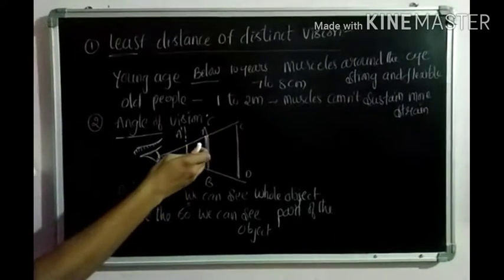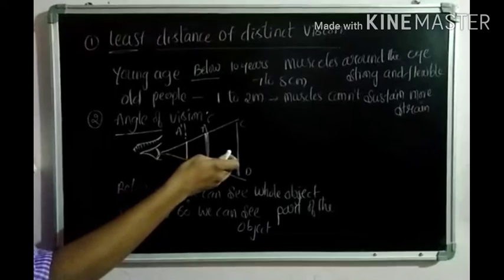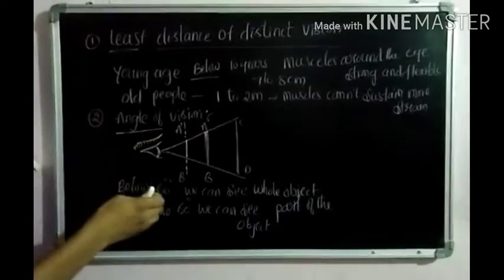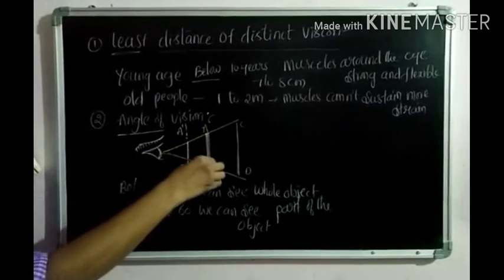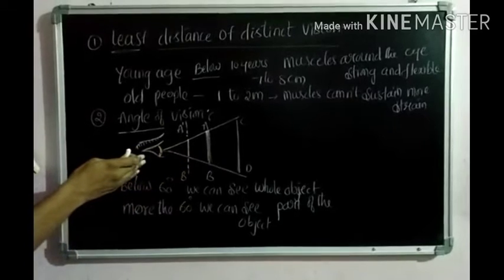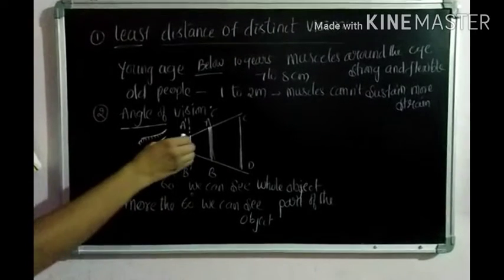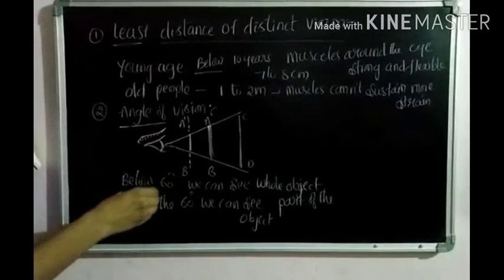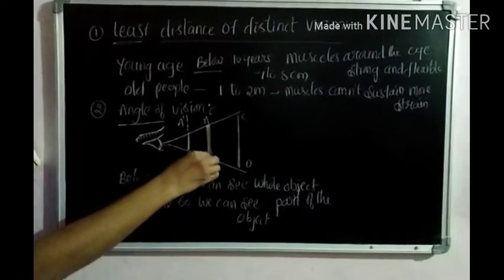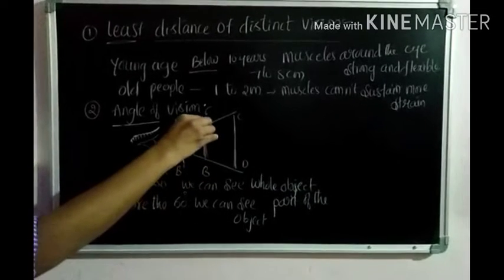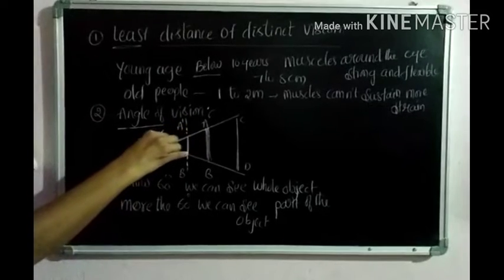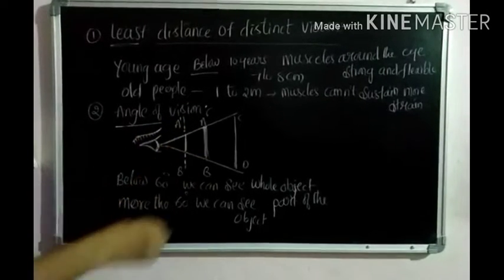When the object AB is away from your eye, we are able to see the whole object. When the object moves towards your eye, the rays coming from the end points A and B reach your eye only then can we see the whole object.